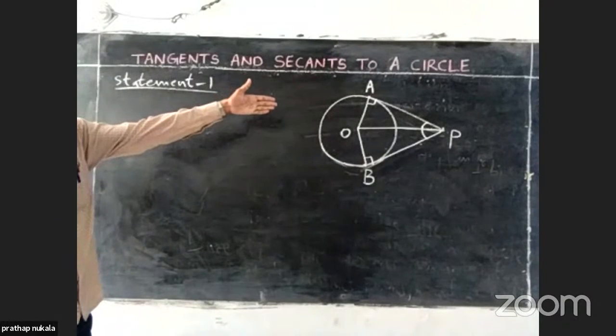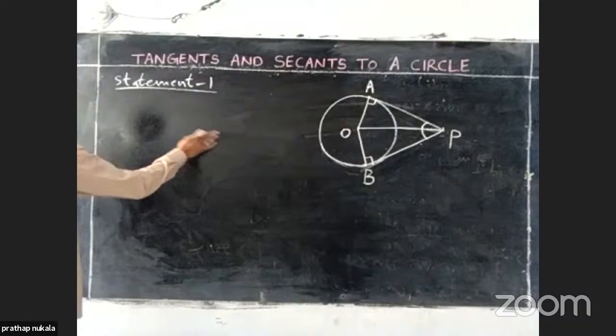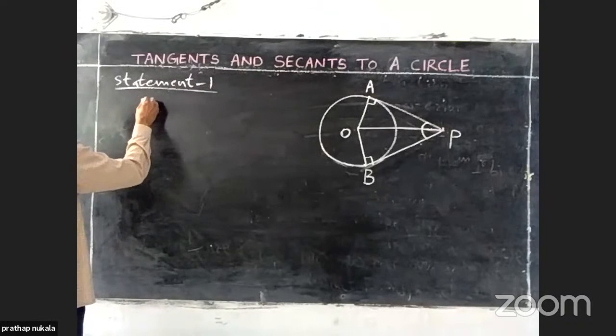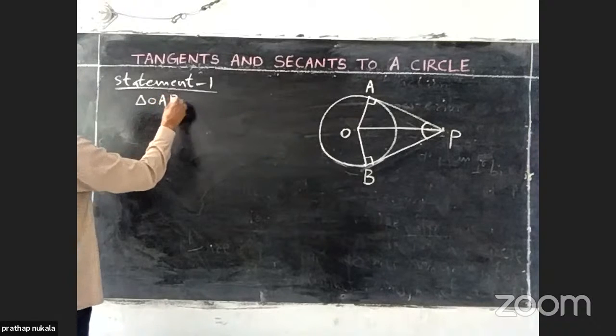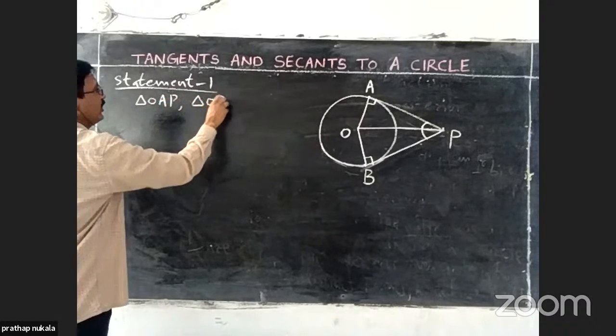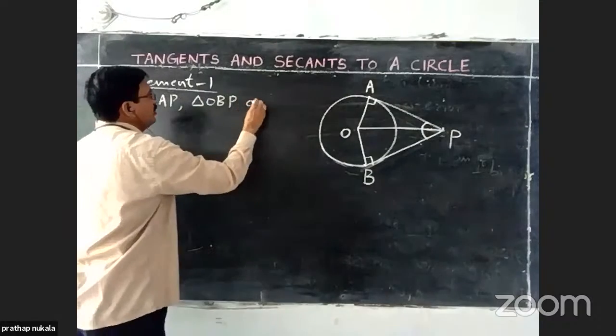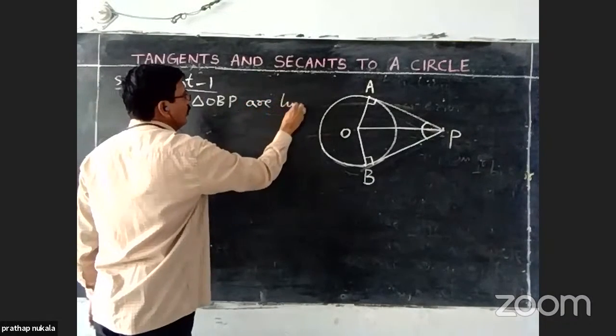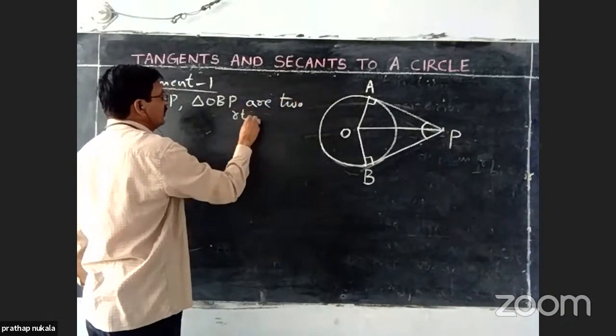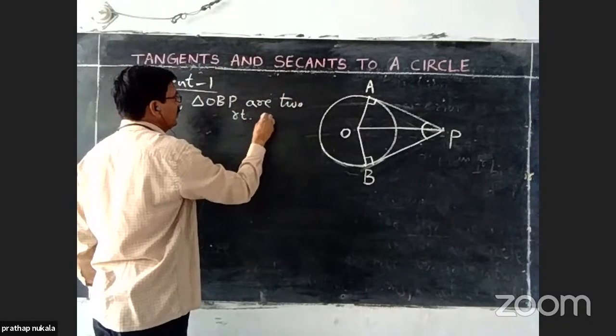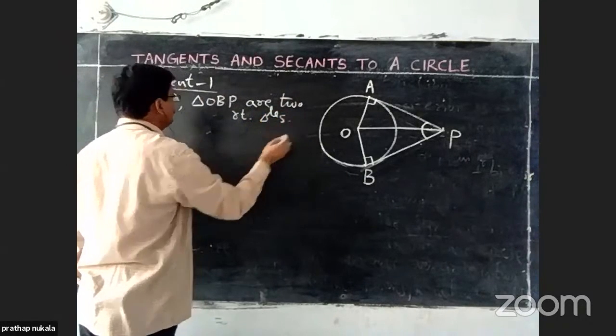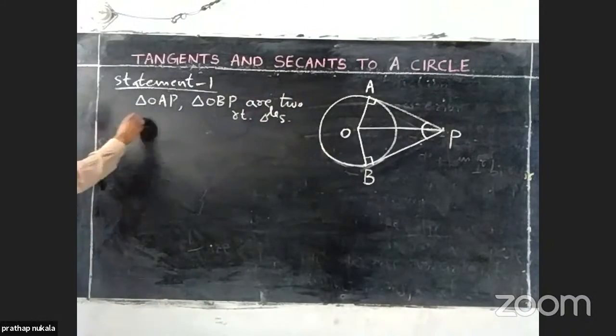Now, there exist two right triangles: triangle OAP and triangle OBP. These two are right-angled triangles.